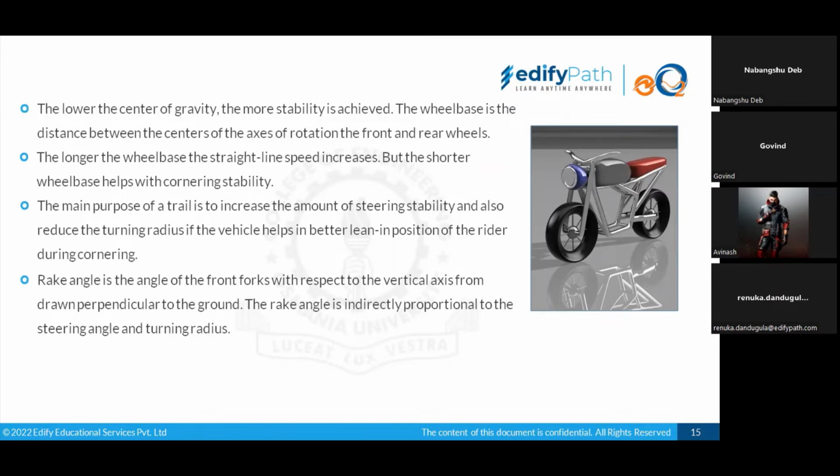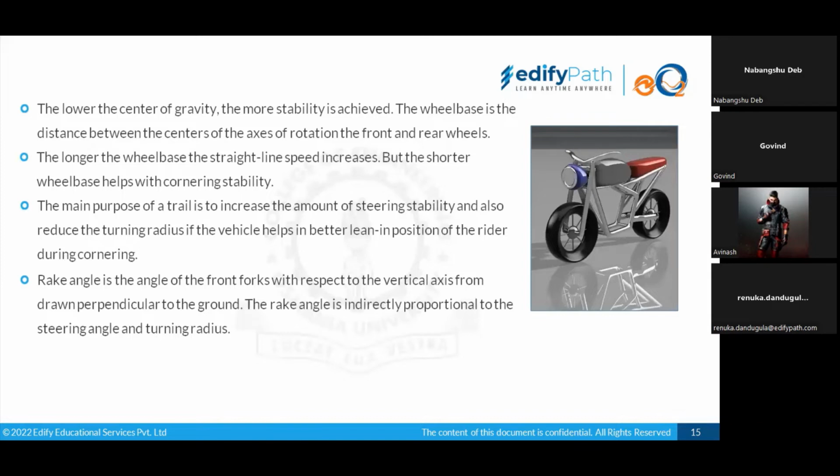So what is rake angle? Normally, if you define rake angle without respect to the vehicle, say you are using a drill machine to create a hole in some material, the angle between your drill and the perpendicular to that material would be the rake angle.